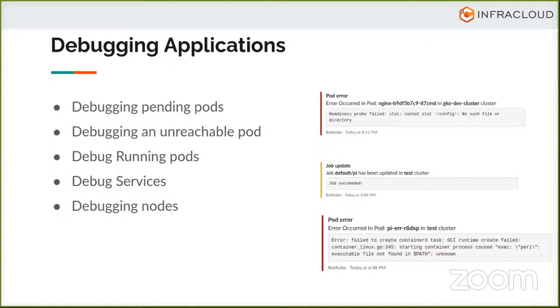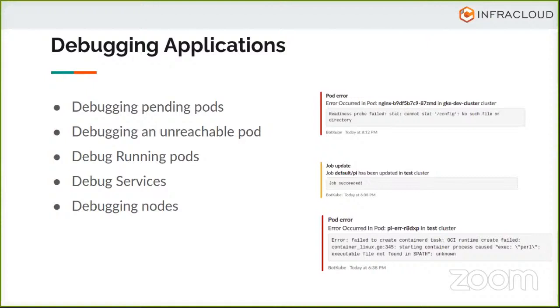We can just add BotKube there, and all the members who want to debug that application can collaboratively execute BotKube commands to get the required info, like logs and checking the status of pods and all those things.